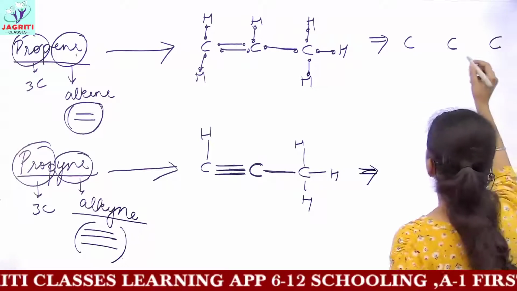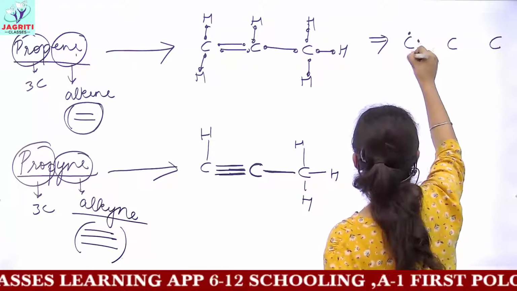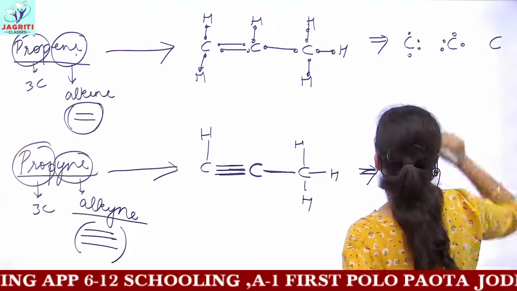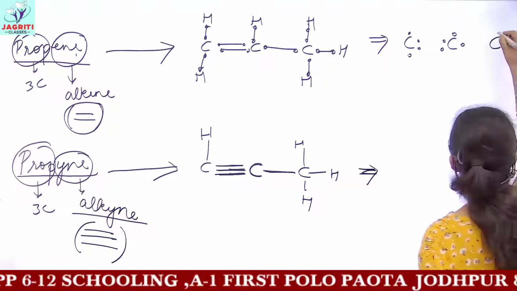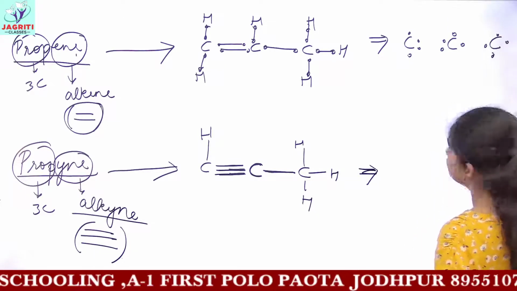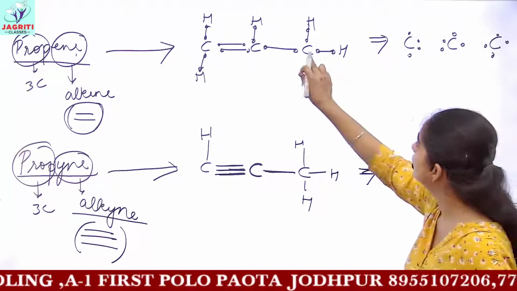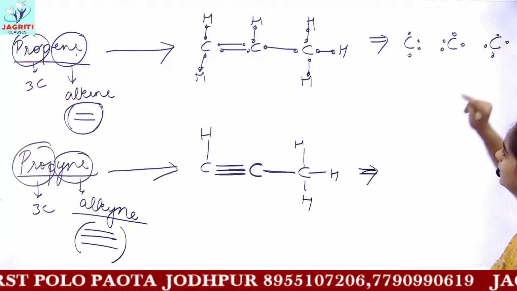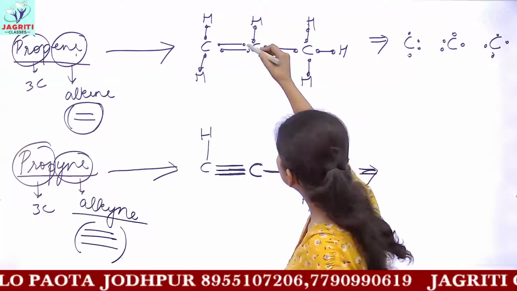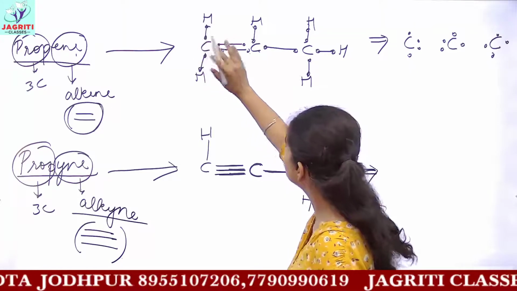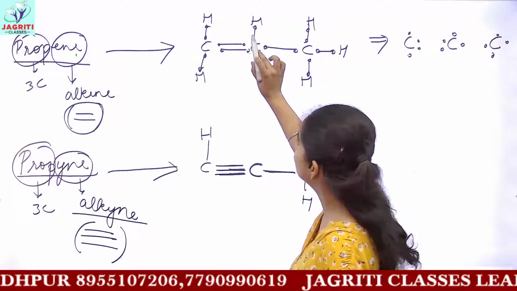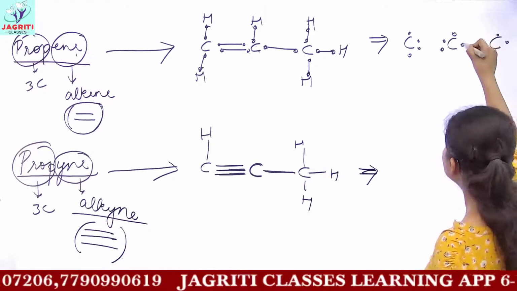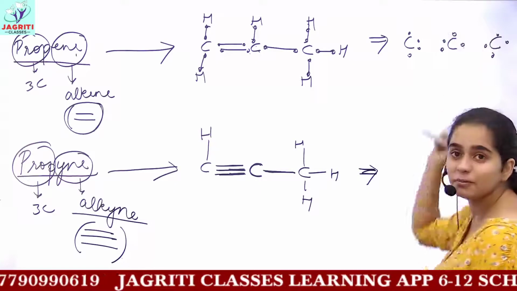Then you get 4 valence electrons of the first carbon, 2 valence electrons, third and fourth, of the second carbon, and here also the 4 valence electrons are arranged in this manner.